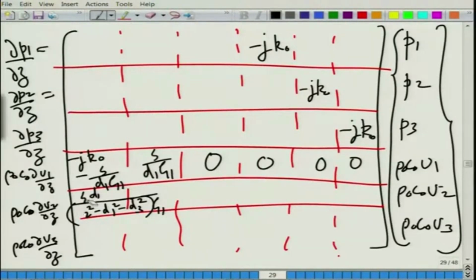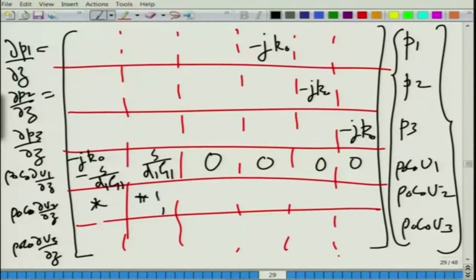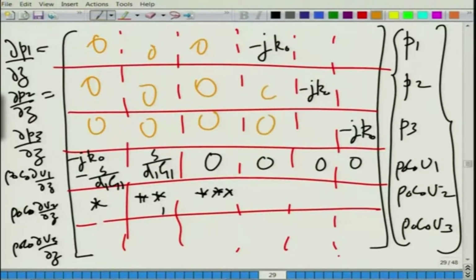So, let me rub this completely, and what I will be doing is that I will put a star mark here and a double star mark here, as well. So, I will also put another triple star mark here, and I will tell you what these expressions are, and in the meanwhile wherever there is nothing, it is 0. So, like I said, it is all initialized with 0.